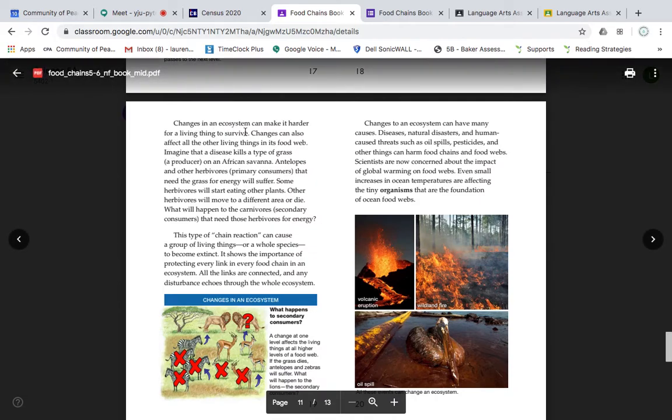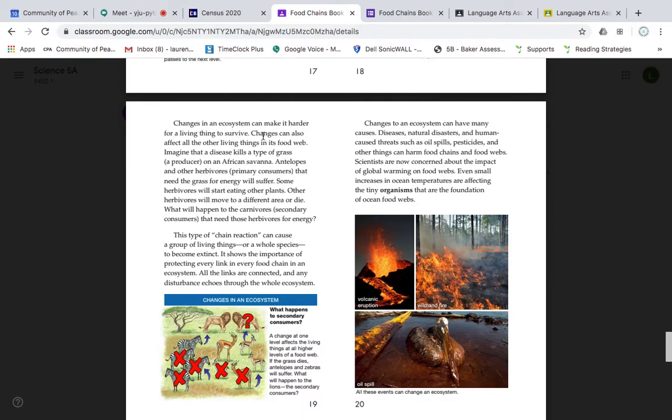Changes in an ecosystem can make it harder for a living thing to survive. Changes can also affect all other living things in its food web. Imagine that a disease kills a type of grass, a producer, on an African savanna. Antelopes and other herbivores, primary consumers, that need the grass for energy will suffer.